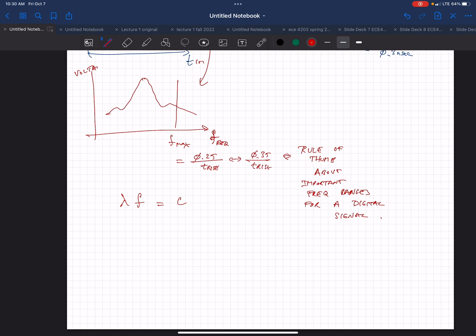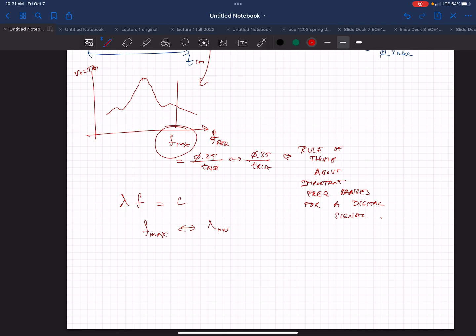So you have to worry about the speed of light, whether it's in your printed circuit board or in vacuum or in space and so on. So if I have this F max, it corresponds to a lambda min. That's the shortest wavelength I'm going to worry about for that rise time waveform. You guys with me?